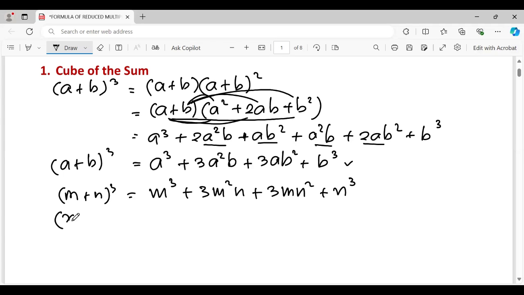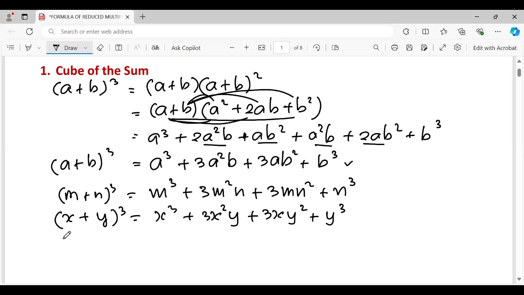So how about x plus y cubed? Based on this conclusion, x plus y cubed equals x cubed plus 3x squared y plus 3xy squared plus y cubed. Okay, I think this one is clear.